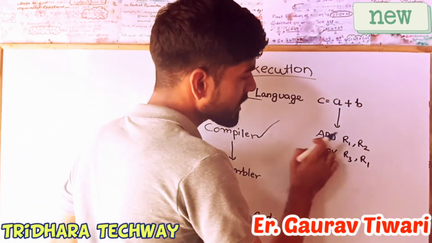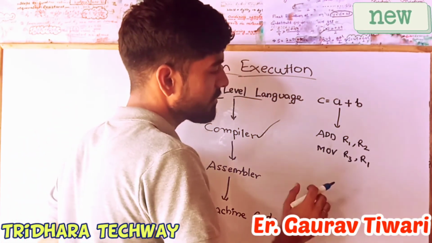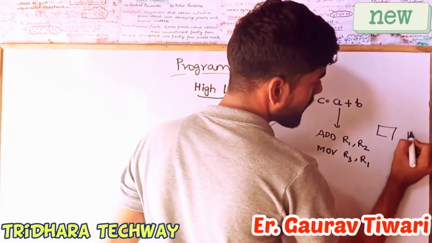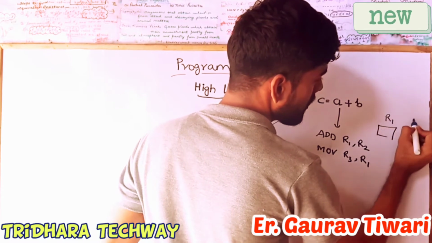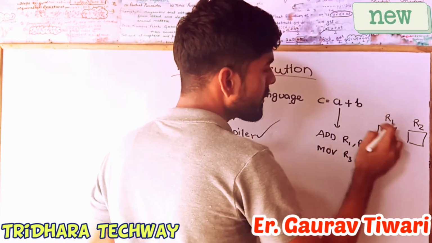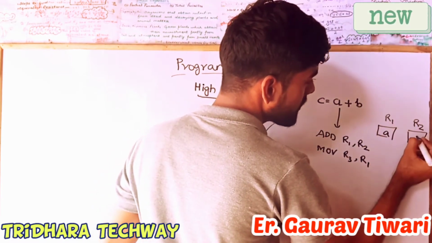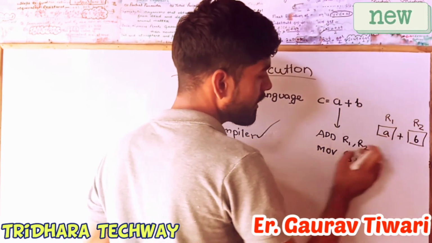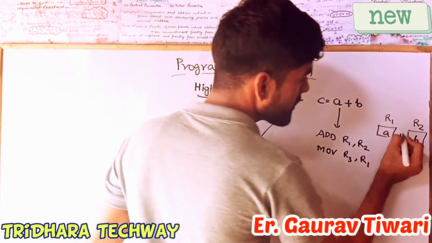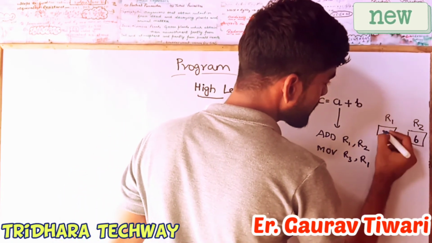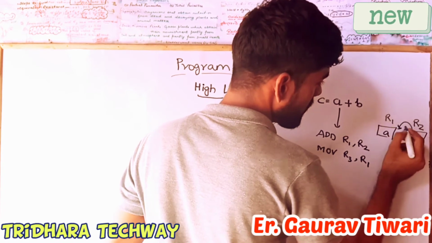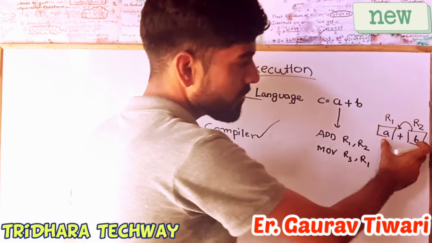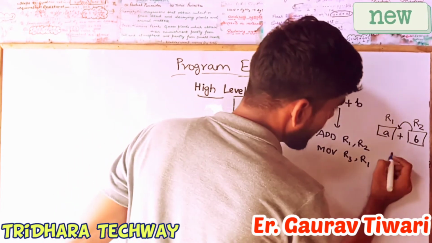Let's understand what this signifies. There are two registers R1 and R2. The value of A is in R1, the value of B is in R2. Now these two values are added, and after the addition the result is stored in R1 itself. After that we have to move this value in R1, the addition of A and B, into register R3.